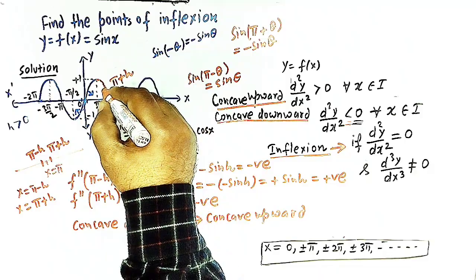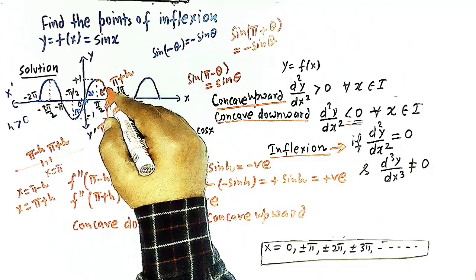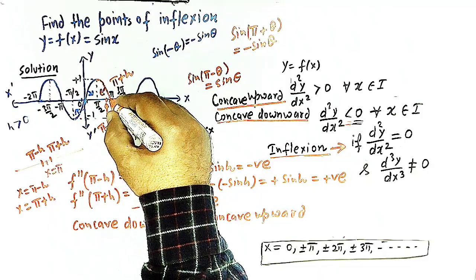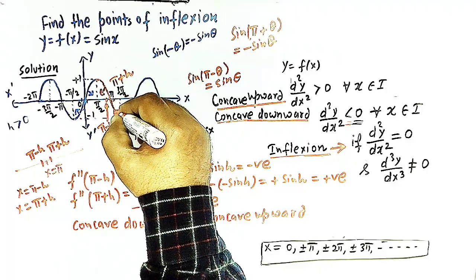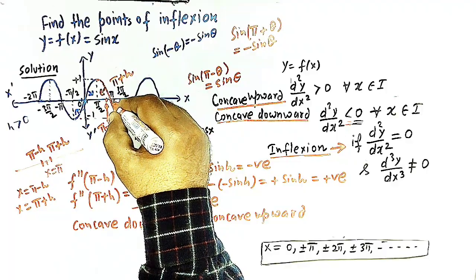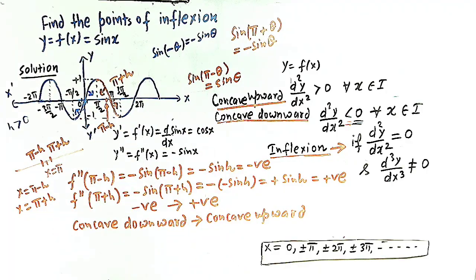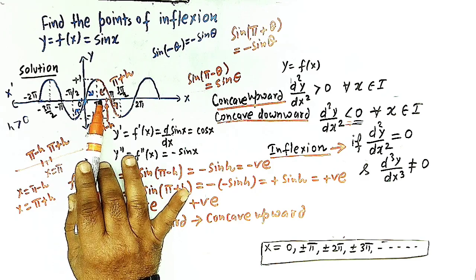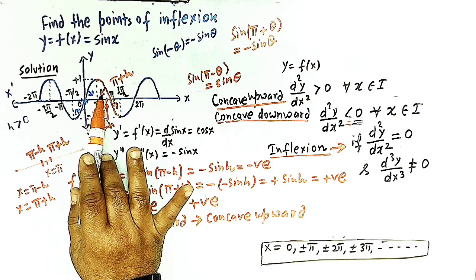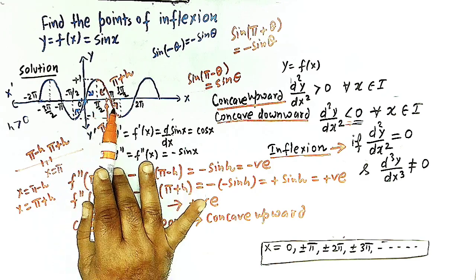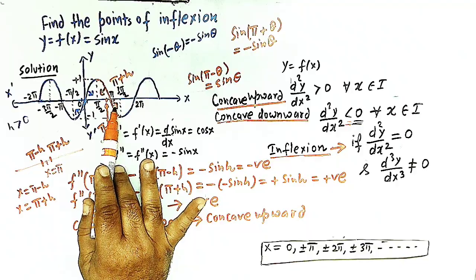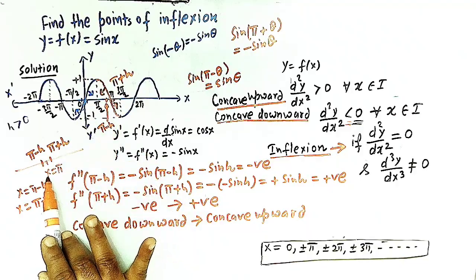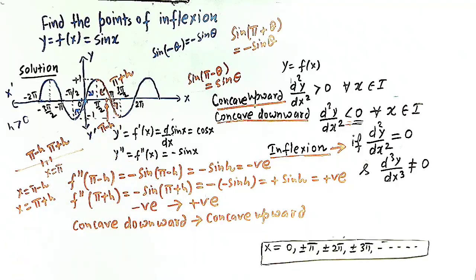So here this is concave downward, and here we have the curve like this. So this is concave upward, right? So the concavity changes from concave downward to concave upward at x is equal to pi. So x is equal to pi is a point of inflection, right?